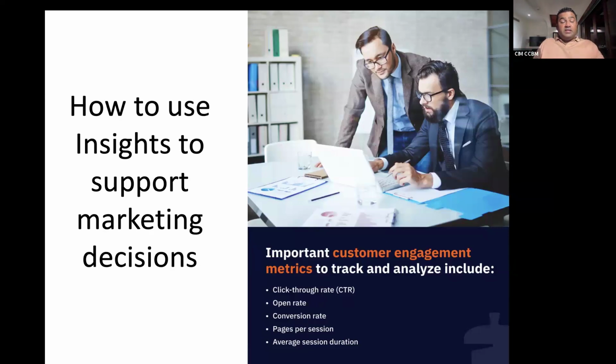Pages per session means when you go onto the website, how many pages have you gone into? Average session duration means how long are you spending on a website? So these you will investigate in digital marketing, but this is also data. Google Analytics will give you all this data on your website and also on search, right?